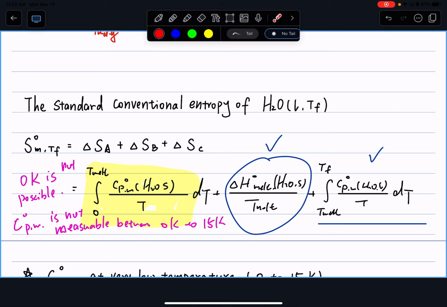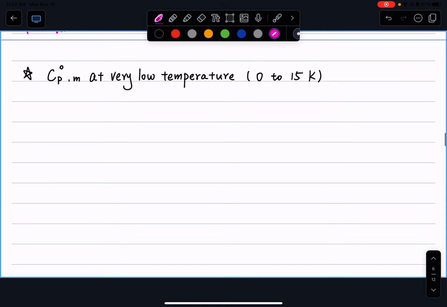For that, luckily, we have some help from statistical mechanics. I'm not going to do the derivation with you, but we can just take this as true, and once you learn statistical mechanics, you can come back and check it. We're talking about the molar heat capacity for very low temperature.